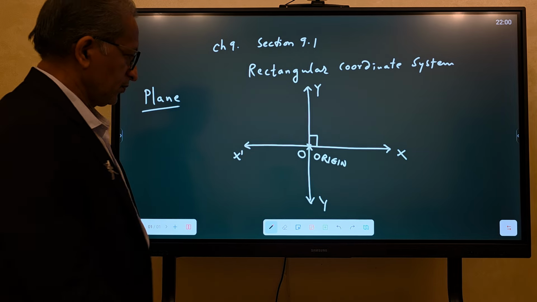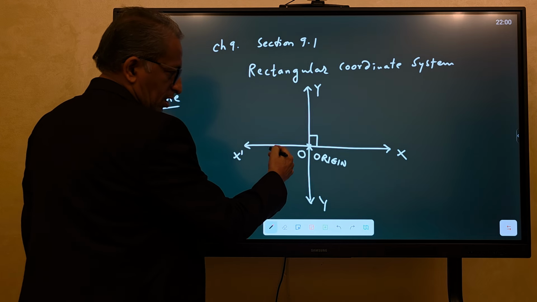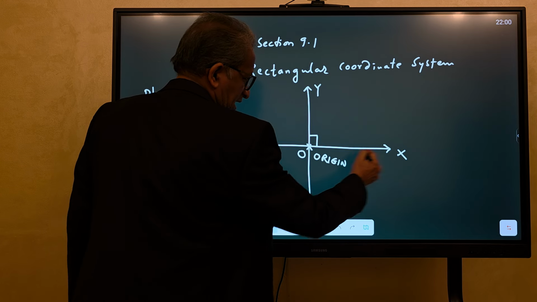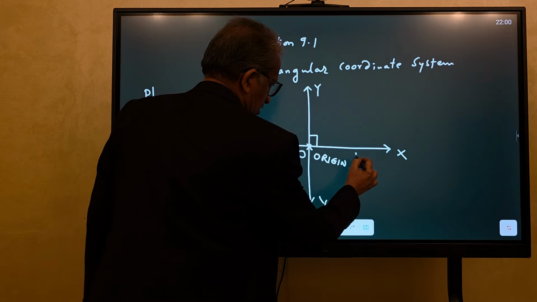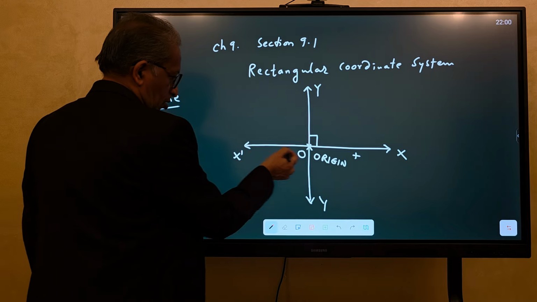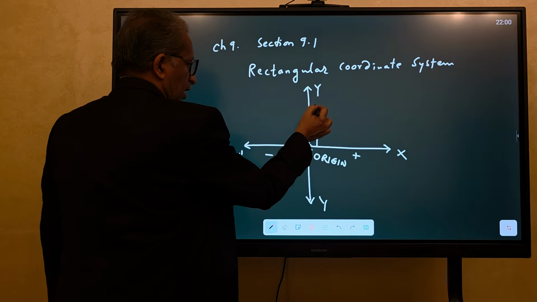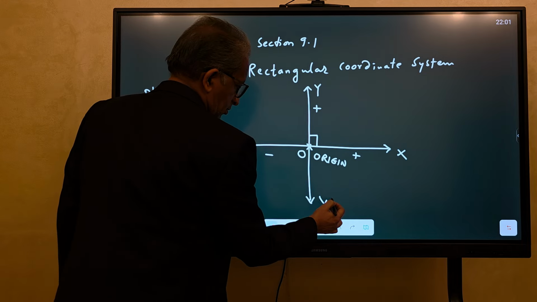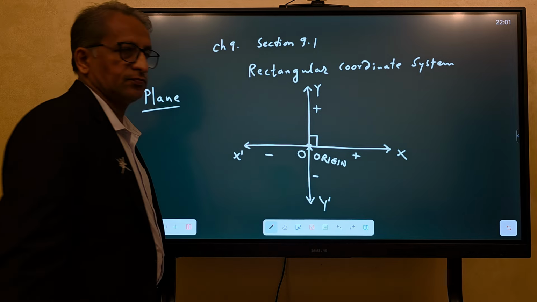What are these? This point is origin, from where I will start measuring. So when I go along the OX, it is positive. Along OX dash, it is negative. Along OY, it is positive. Along OY dash, we have negative.